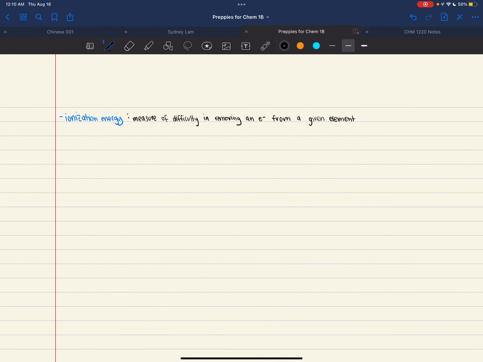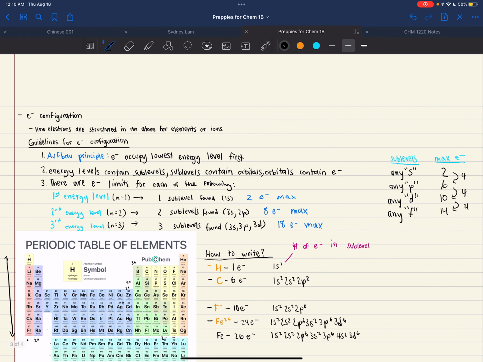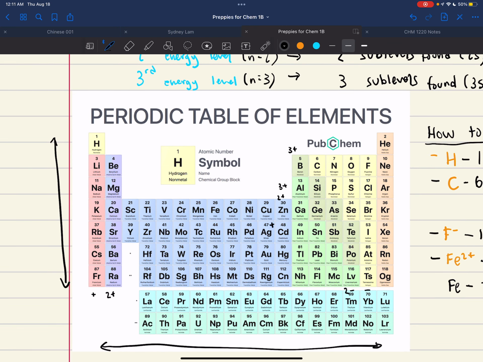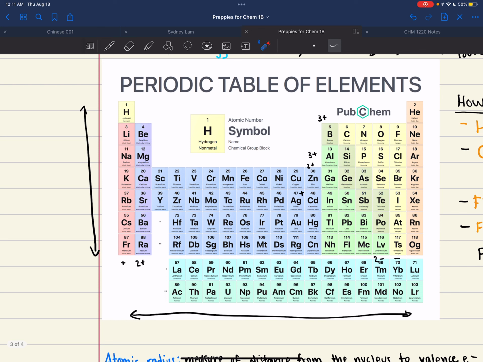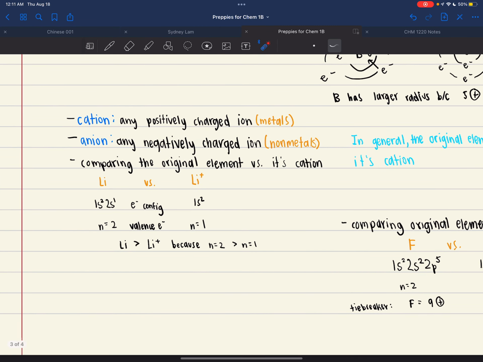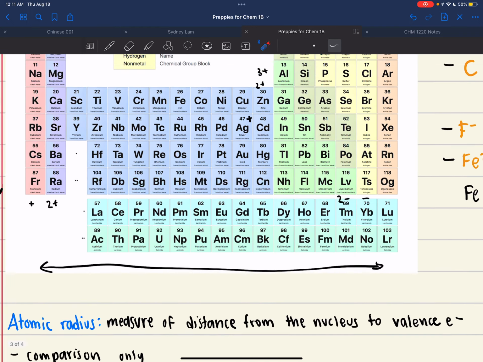So, one important thing to know is that most elements, except for the transition metals, have the ideal electron configuration of the nearest noble gas. If you look at the electron configurations that we did in the previous video, you can see that the electron configuration of this one, 1s2, is the noble gas helium.